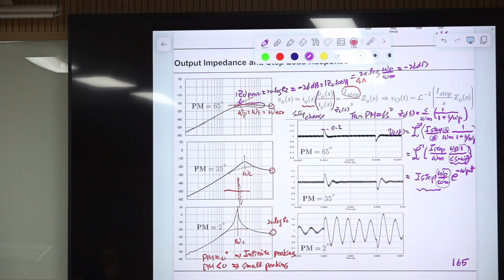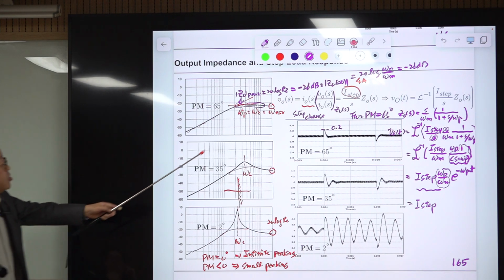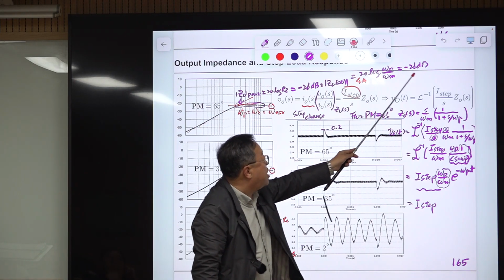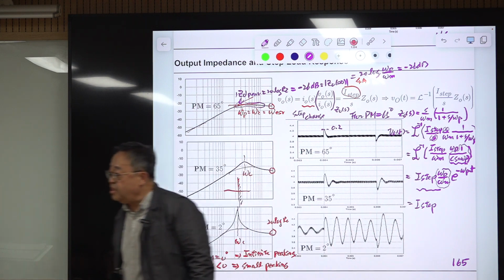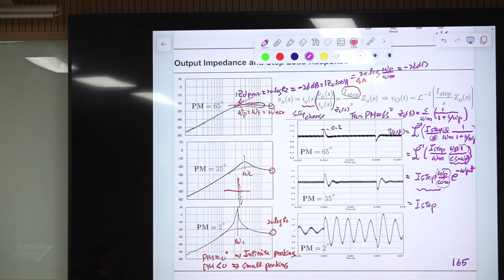Then calculate this, right? This one is I step, but we know this. This is log scale, so change to linear scale. That value is I step times the maximum peak value of output impedance divided by 20.